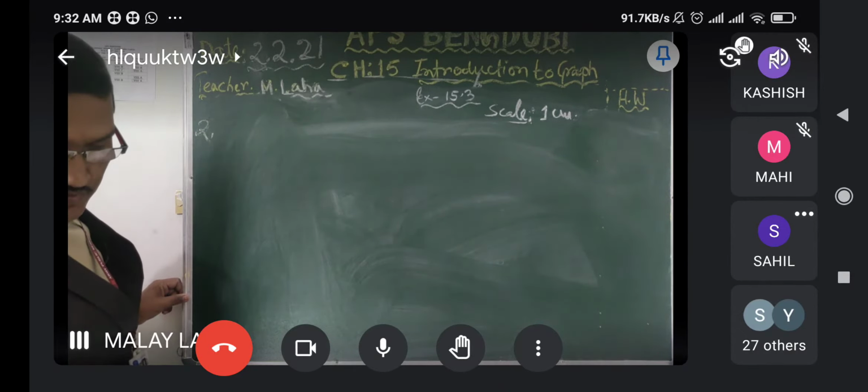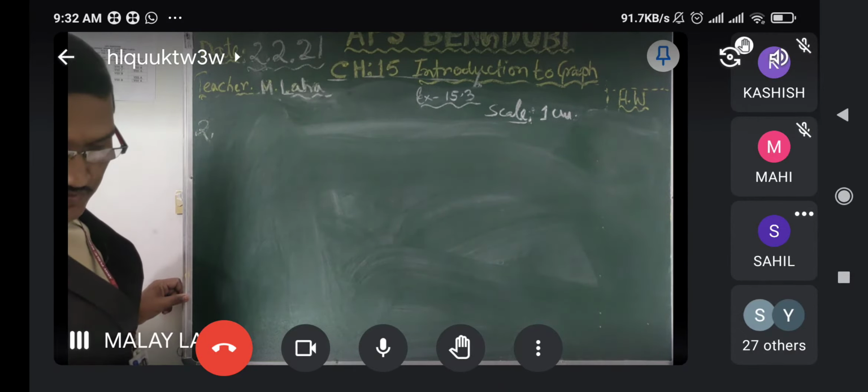The horizontal line refers to the side of the square, and the vertical line refers to the perimeter. And they are intersecting at the origin.